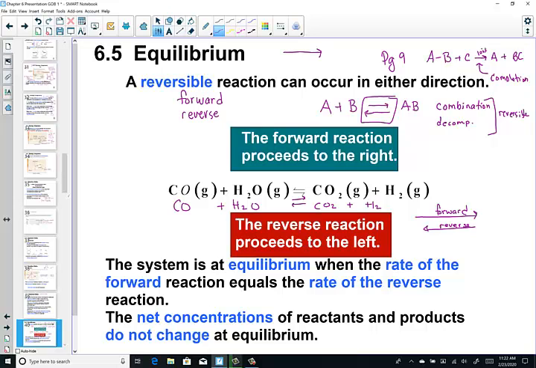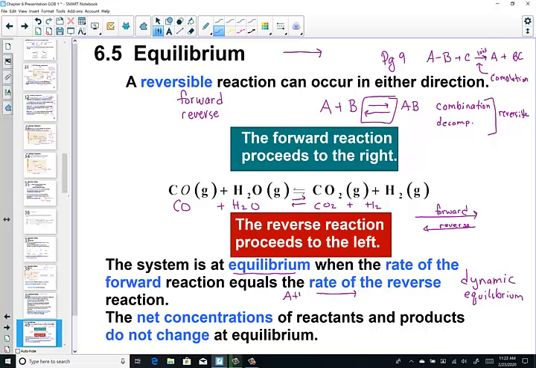When this is going on, we say that the system achieves an equilibrium. The term equilibrium means that the rate of the forward reaction is equal to the rate of the reverse reaction. It is a dynamic equilibrium. Those opposite directions are occurring at the same rate.